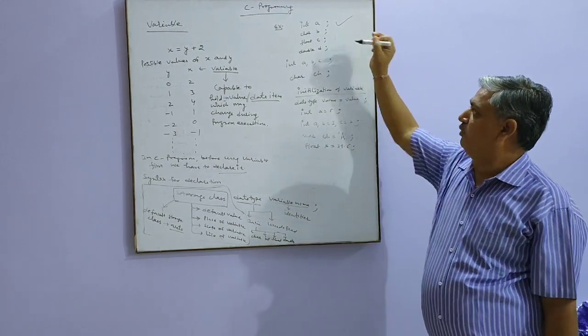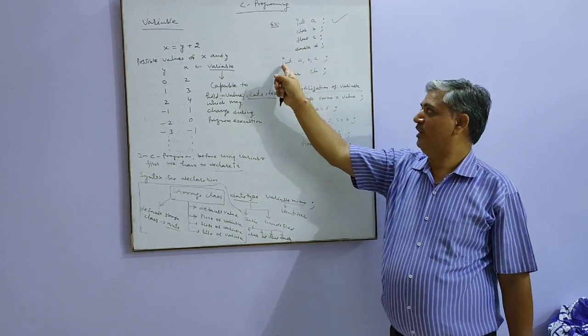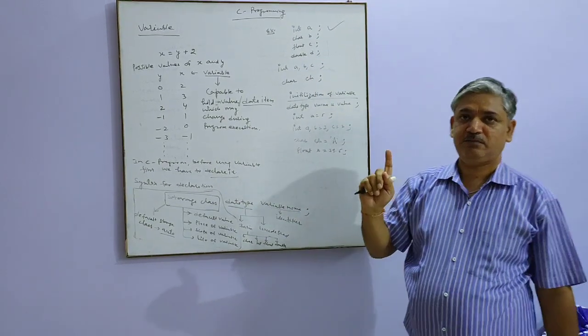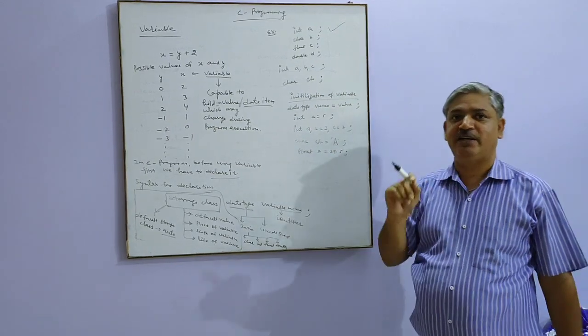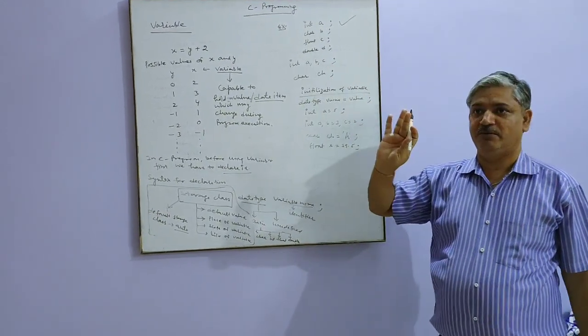When we want to declare more than one variable of the same data type, then we use the comma operator. Suppose there are three variables, A, B and C, and all three are of integer type.